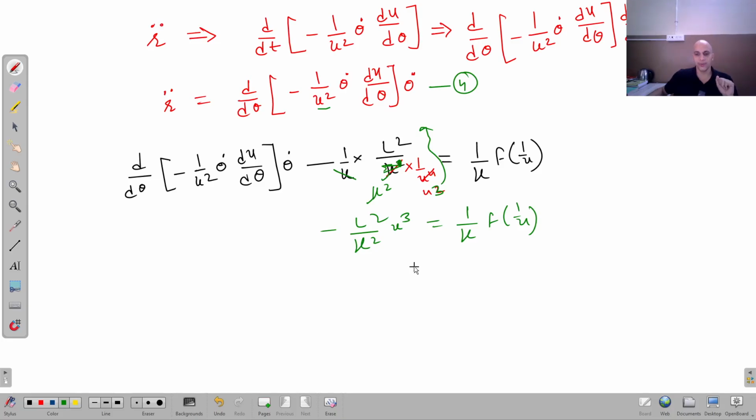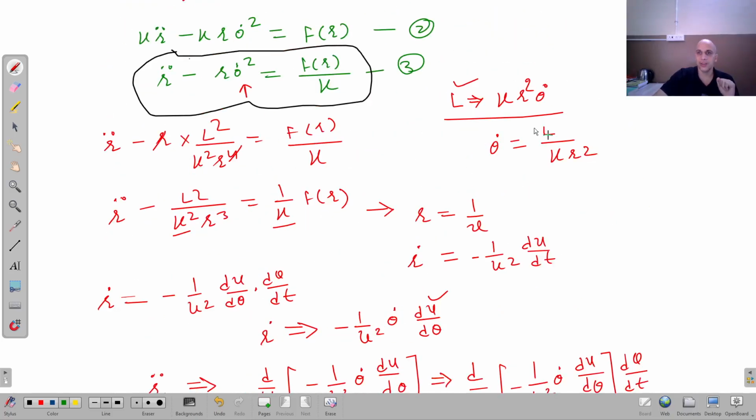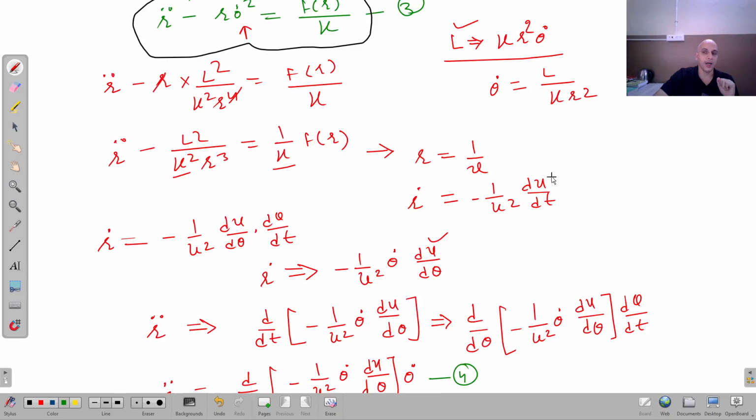Now I know the value of theta dash, so I am going to put the value of theta dash here in these two places. Theta dash was, you can see here, L upon mu r square.